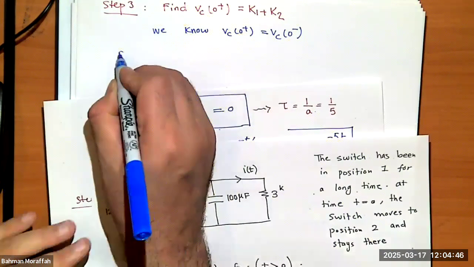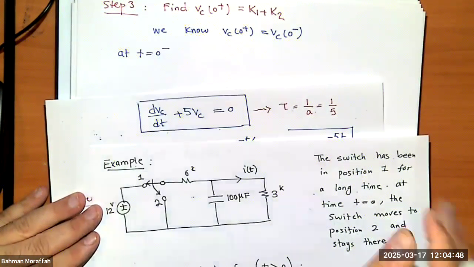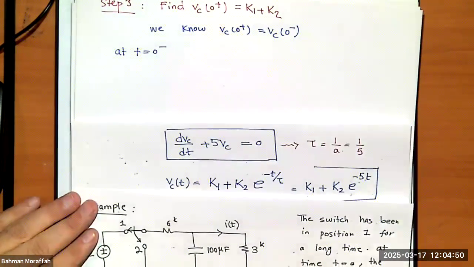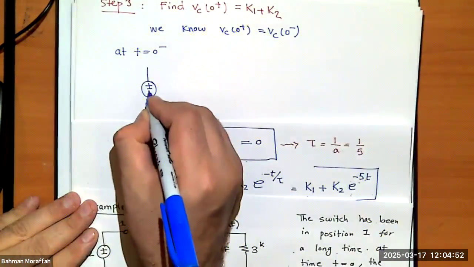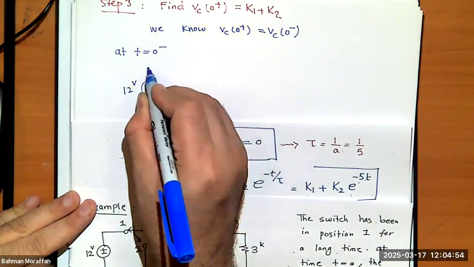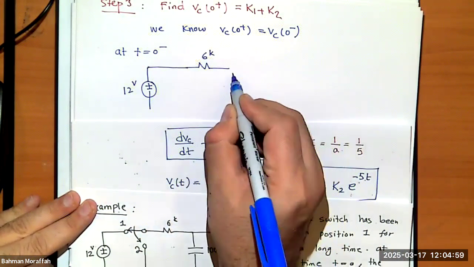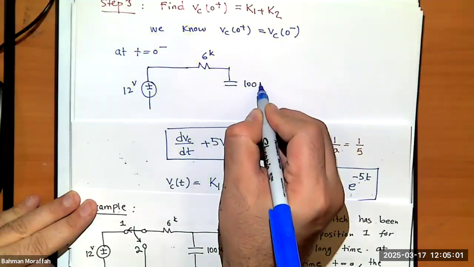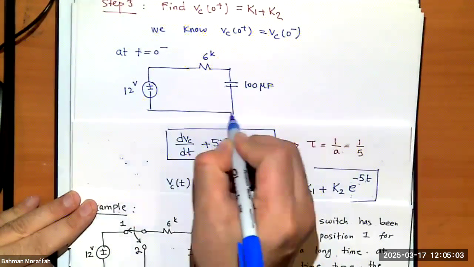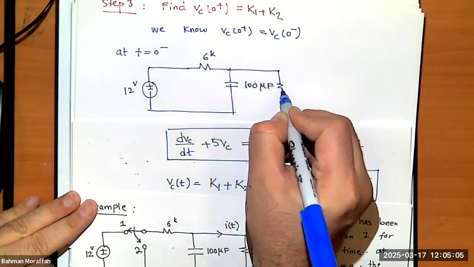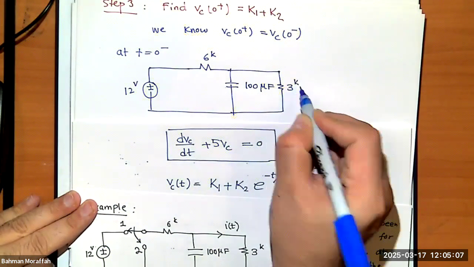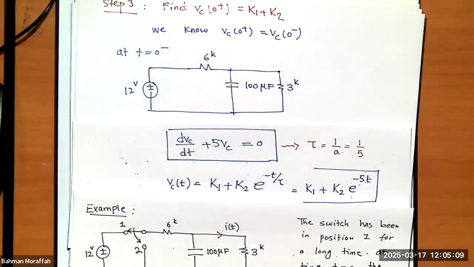So at t equals 0 negative, my circuit would look like this. I have a 12 volts, I'm in position 1, I have a 6K, I have 100 microfarad, and I have a 3K. This is a little bit before 0, so we're in position 1.